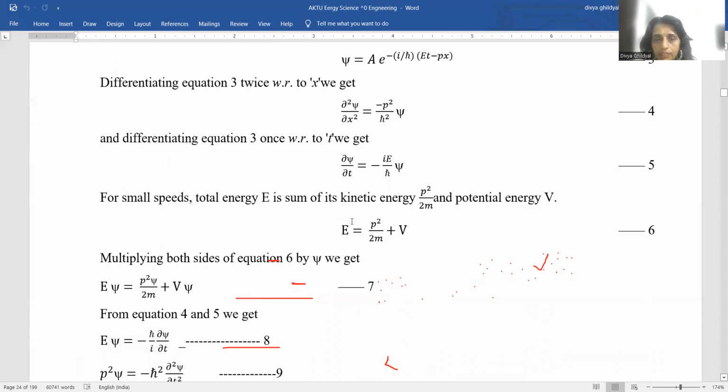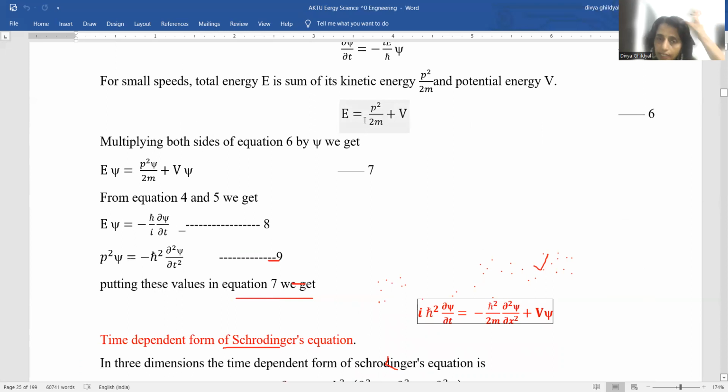For small speeds, total energy is the sum of kinetic energy, K, which is half mv square. Instead of v, I can also write it in terms of momentum p, because p is equal to mv, and potential energy V. So I multiply both sides of this expression by wave function phi, and I get E phi is equal to p square phi upon 2m plus V phi.